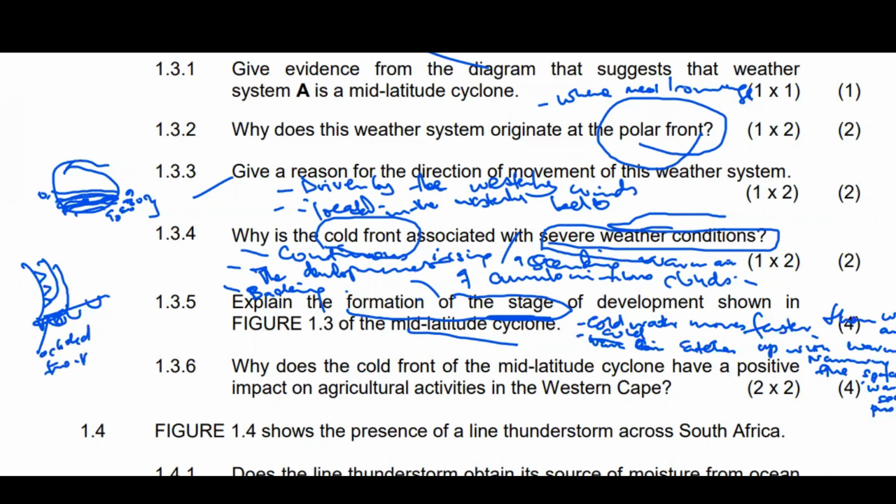Cold air moves faster than the warm air, so the cold air is going to catch up with the warm air, narrowing the warm sector, pushing the warm air outside the cyclone. You understand?